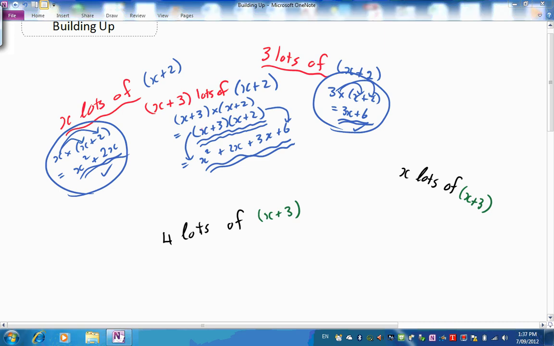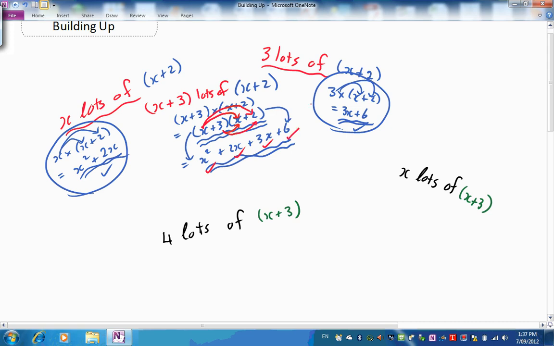Here we go. To get the x squared, it's x by x. That's the first terms together. And then this x by 2 to get the 2x. And this 3 by x to get the 3x. And 3 by 2 to get 6.